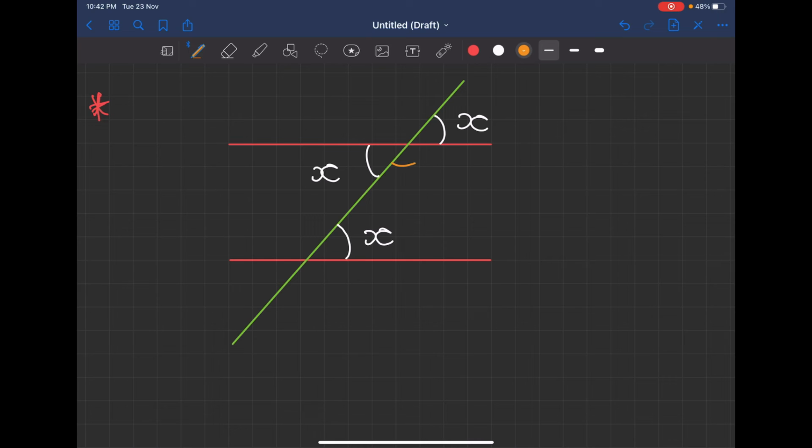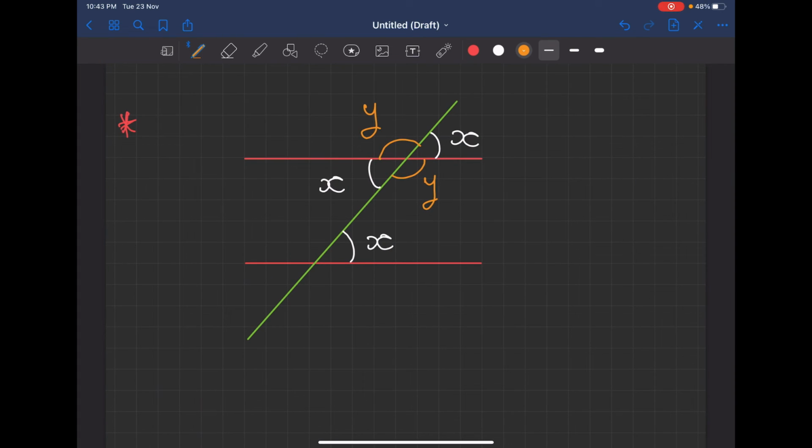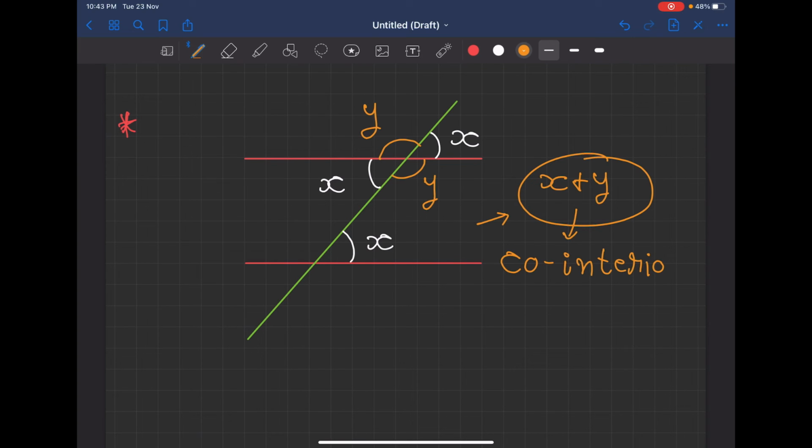Let's say I have this angle as angle Y. This angle will be, of course, angle Y, and the property states that the co-interior angles, what are co-interior angles now in this? Co-interior angles are angles X and Y. Angles X and Y, these are co-interior angles.